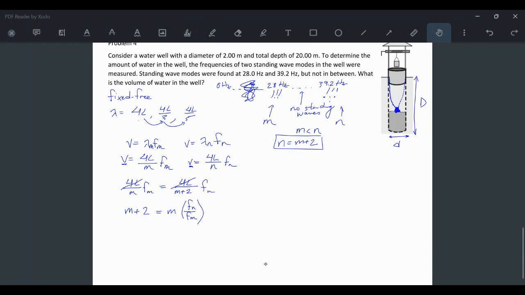So this term here in the brackets, Fn over Fm, is greater than 1, because remember, the frequency of n is higher as we defined things.